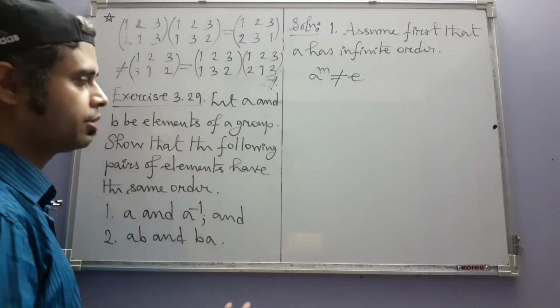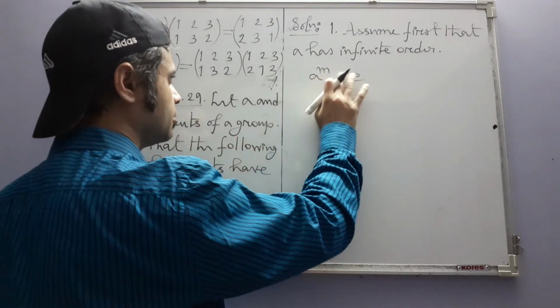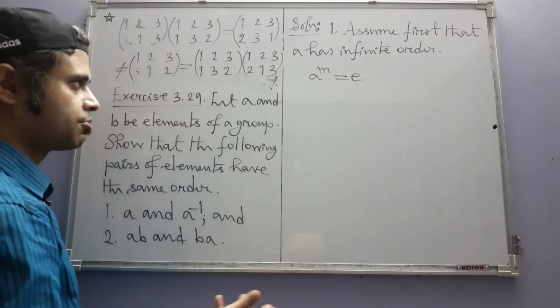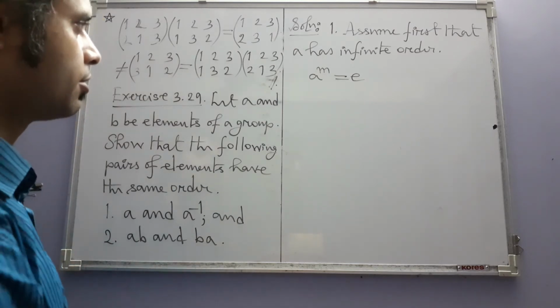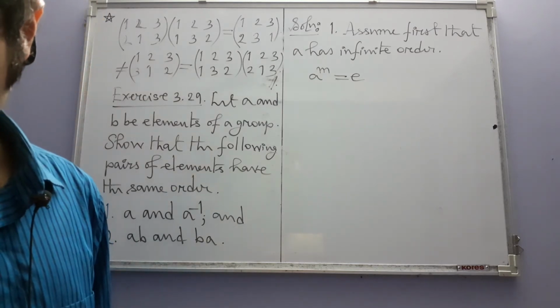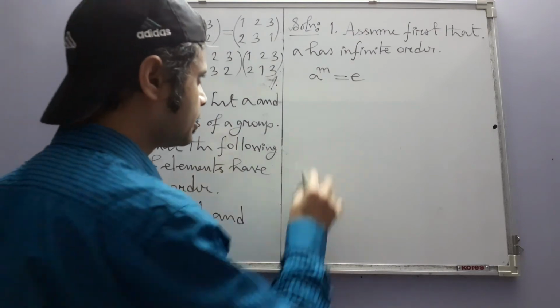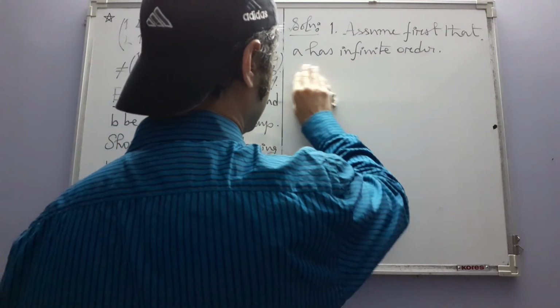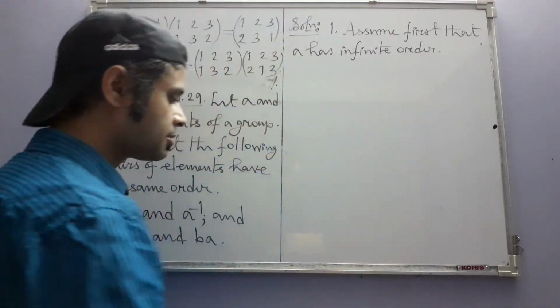So there is no m for which this equation is true. That's when we say that A has infinite order. And a necessary condition for that to happen in a group is that the group itself must be infinite.